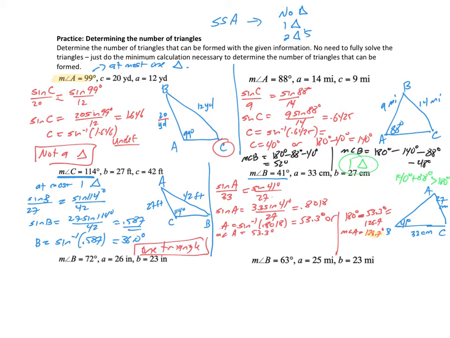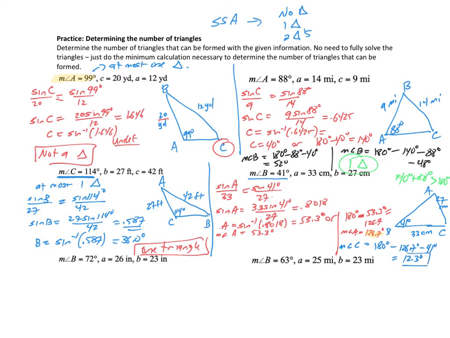So let's see if we have enough rotation left to form angle C. So the measure of angle C in this case is going to be 180 minus the measure of A, which is 126.7, minus the measure of B, which was 41. And when we enter that in, we get 12.3 degrees.